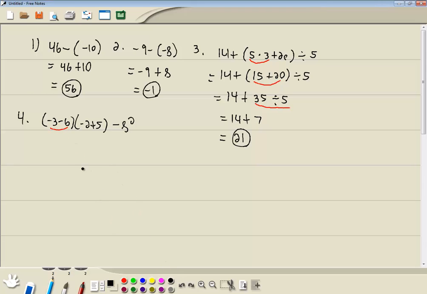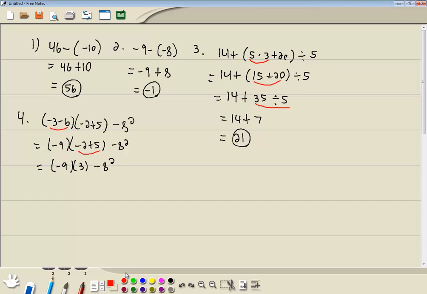We got negative 3 minus 6. That's going to give us negative 9. Everything else carries down. Still doing the please part, doing what's inside the parentheses. So here we got negative 2 plus 5. Now that's going to give us a positive 3. And everything else carries down.